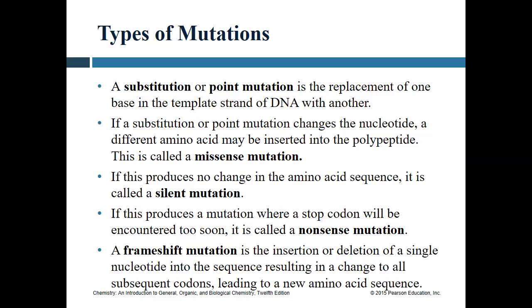Probably the most common one is something called a point mutation or a substitution, where in the process of being exposed to whatever it is that causes the mutation, one of the base groups gets exchanged for another.